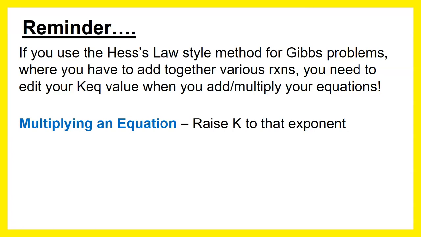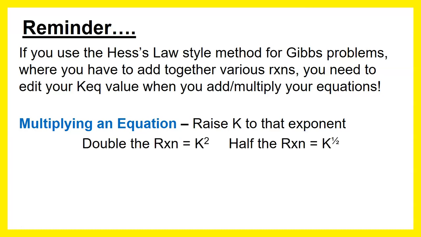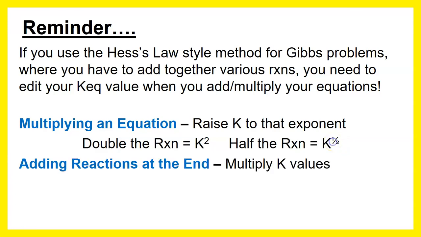So if you multiply an equation, you got to raise K to that exponent. So if you double your reaction, you're actually going to square your equilibrium constant. If you're taking half of the reaction, you have to raise it to a 1/2 power. If you add your reactions, you have to multiply your K values.